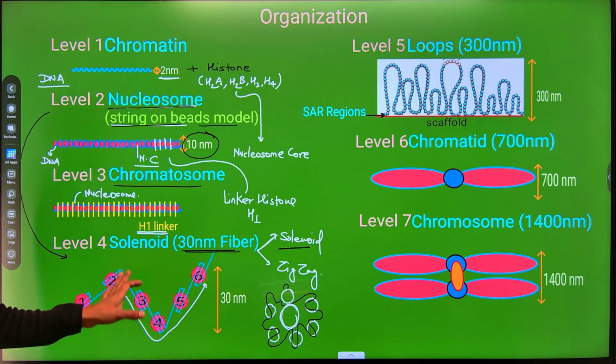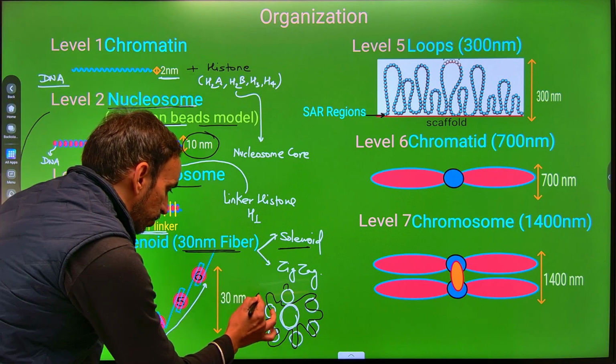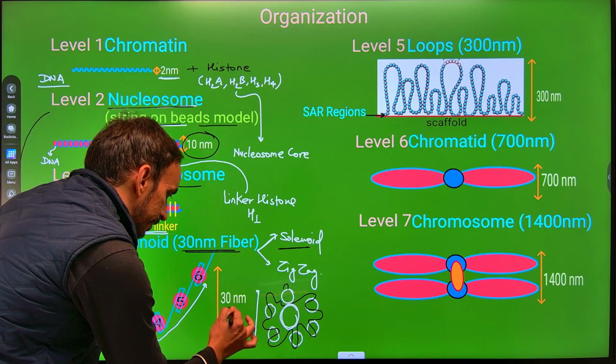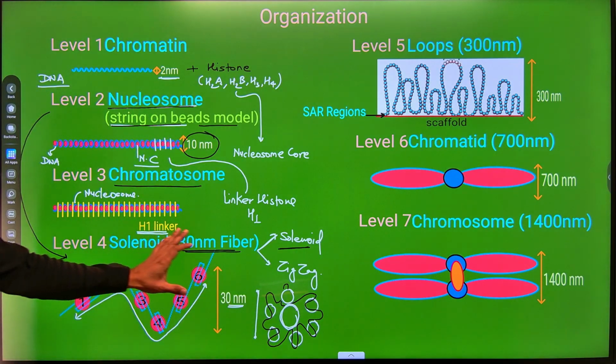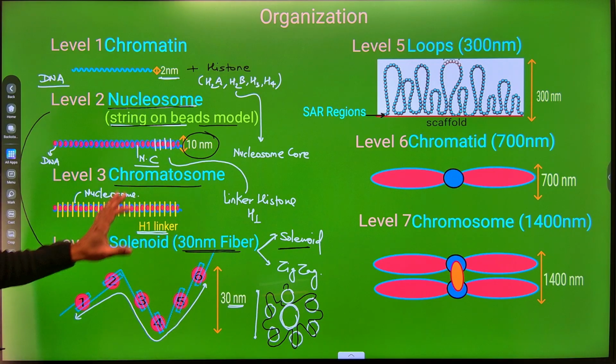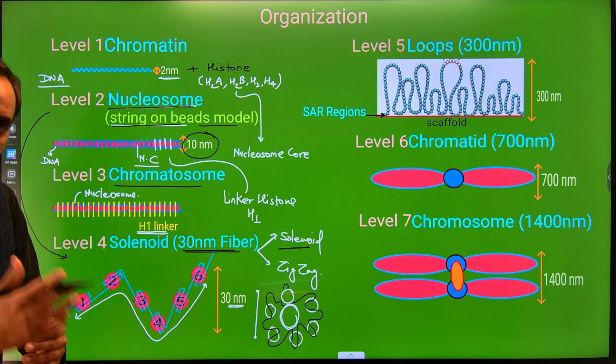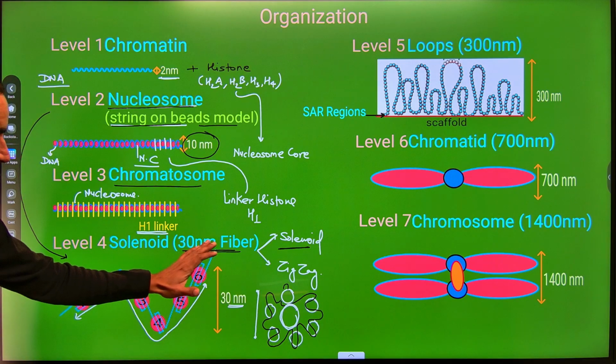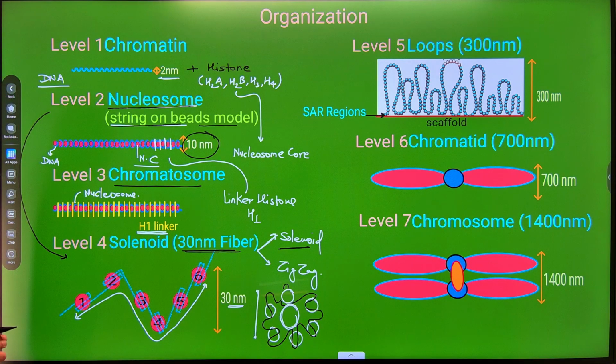That's why it is known as the solenoid. Its size is 30 nm, which is why we call it a 30 nm fiber. So binding of H1 linker histone will carry out the further condensation, leading to the formation of the structure known as 30 nm fiber.